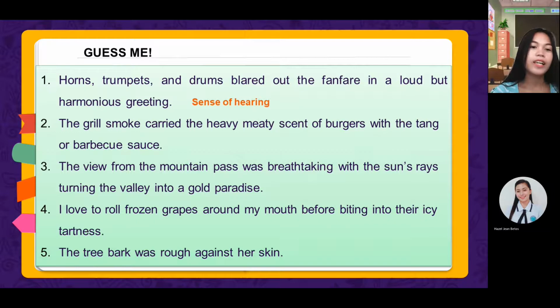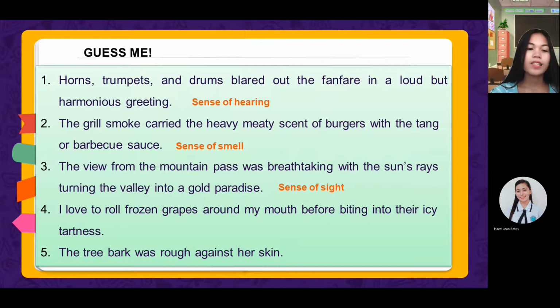The second one: the grill smoke carried the heavy meaty scent of burgers with a tangy barbecue sauce. Hazel, what sense is present here? Sense of smell. Okay, very good. Third one: the view from the mountain pass was breathtaking, with the sun's rays turning the valley into a golden paradise. For you, Stephanie, what sense is present?